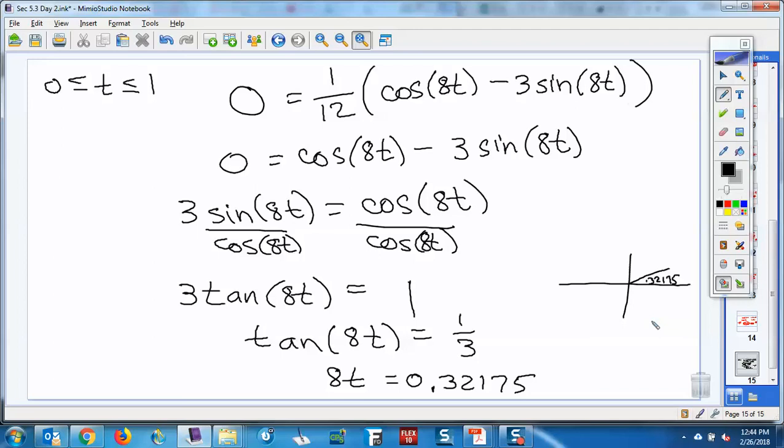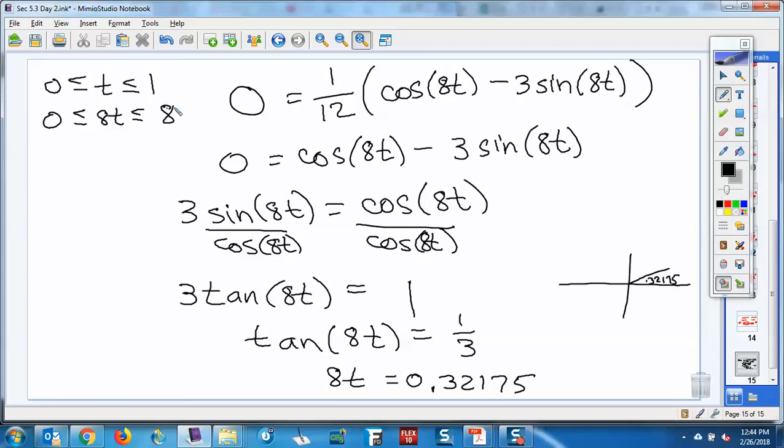Now, what's the next thing I have to do when I have an 8t in here? I have to go up here. Now, I don't divide by 8 yet. If t is going to be between 0 and 1, what is 8t? Between 0 and 8. Now, how many times around is 8? Careful. It's not 4, that's 8 pi.